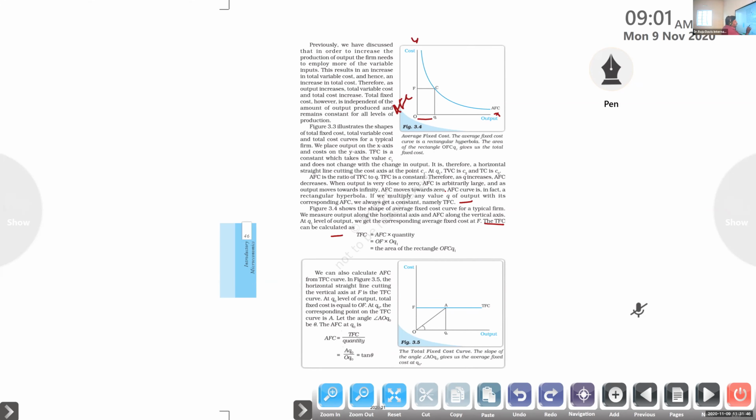So we will get the area of the rectangle OFCQ1. That is the value of total fixed cost. Is that clear or not? Understood or not? Yes, sir.